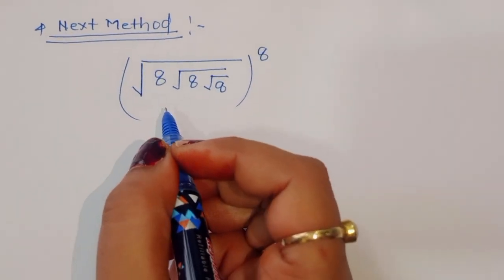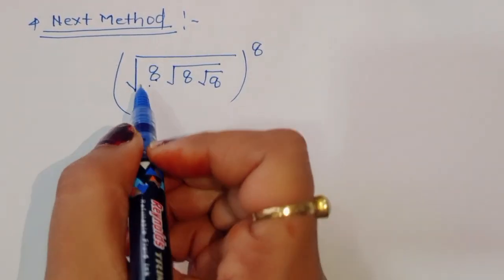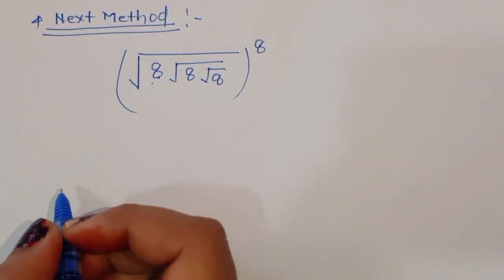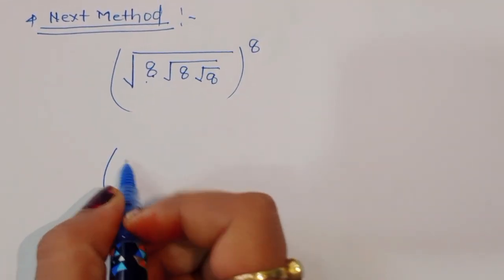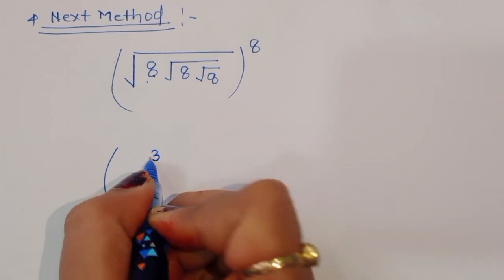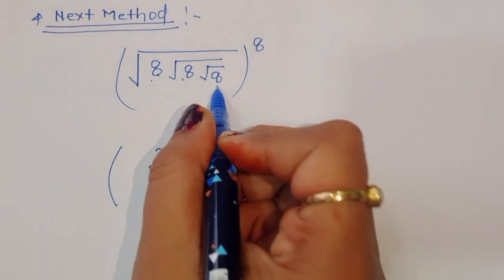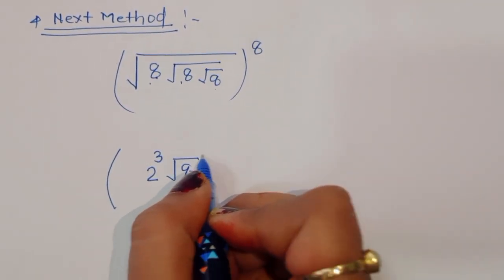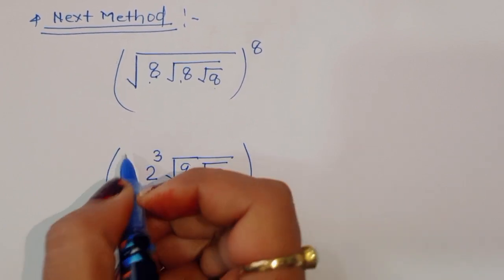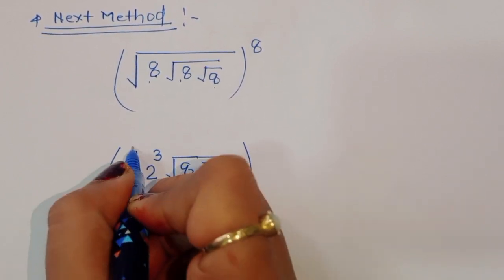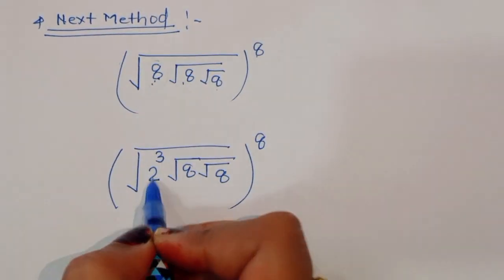So first we take this 8 and write it as 2 power 3, and then the square root of 8 under the square root of 8, and one more square root of 8 power 8. We are using this 8 as 2 power 3.